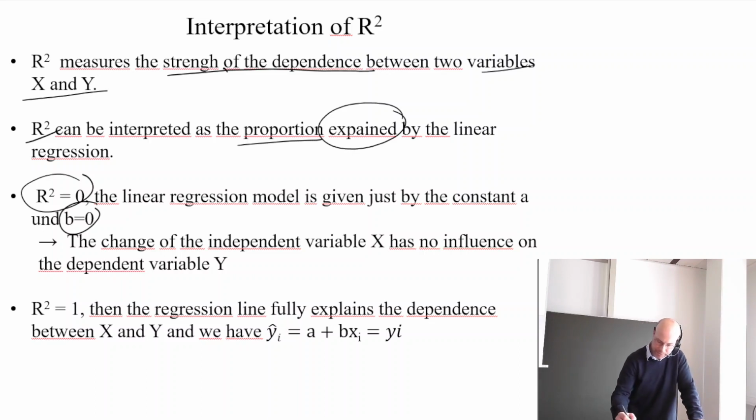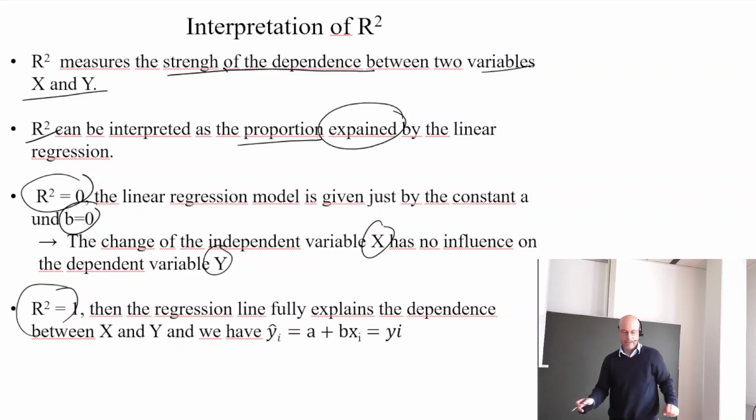Then we can say that x has more or less no influence on our dependent variable y, and in opposite, if R squared is 1 or very well in the neighborhood of 1, then we are quite close.